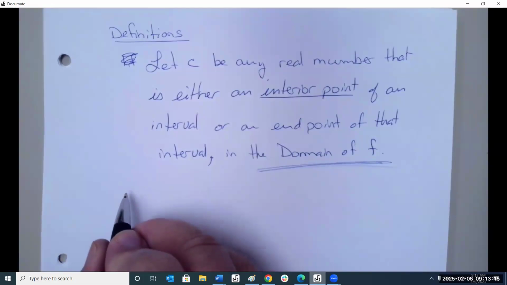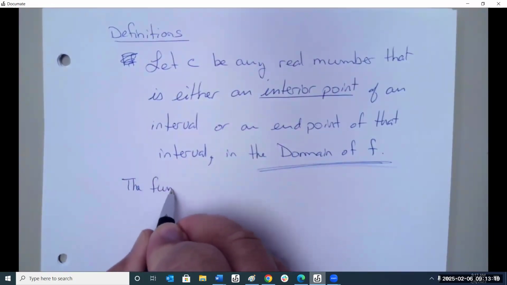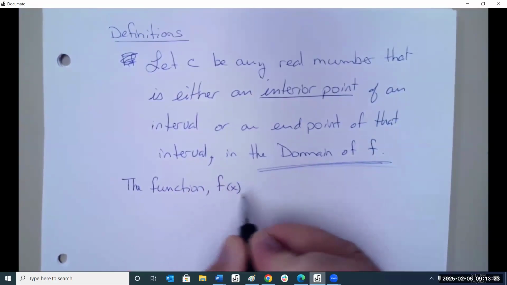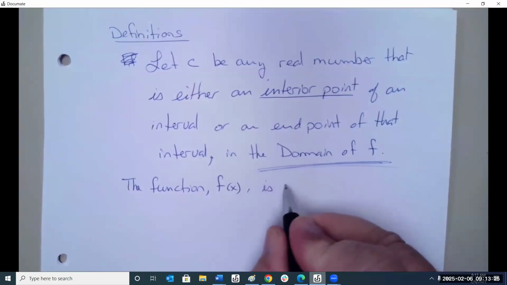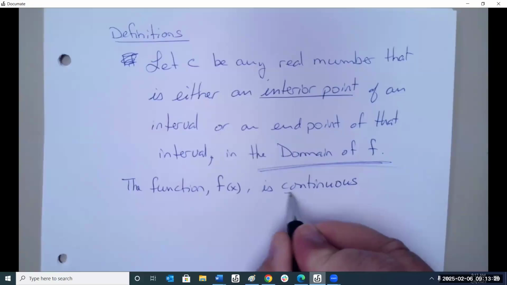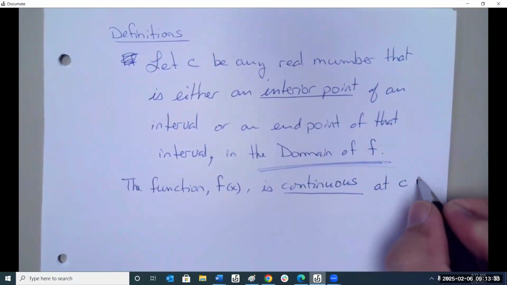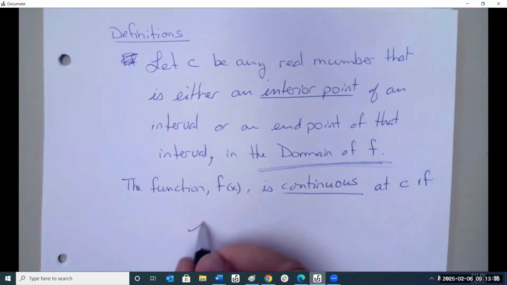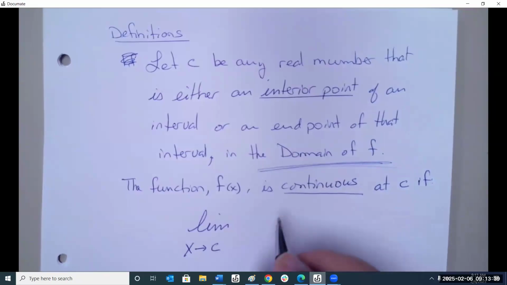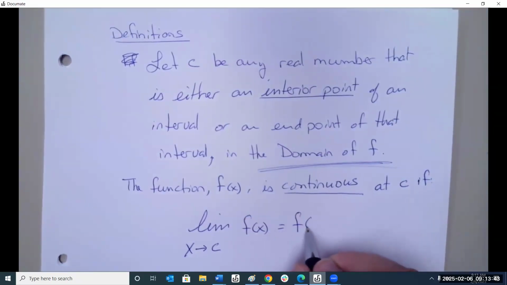So the function f of x is continuous at that c if the limit as x approaches c of that function is equal to f of c.